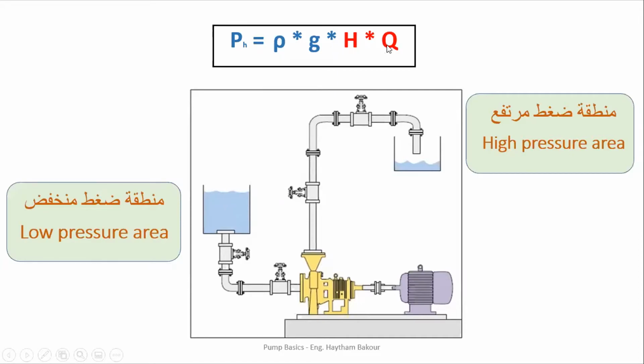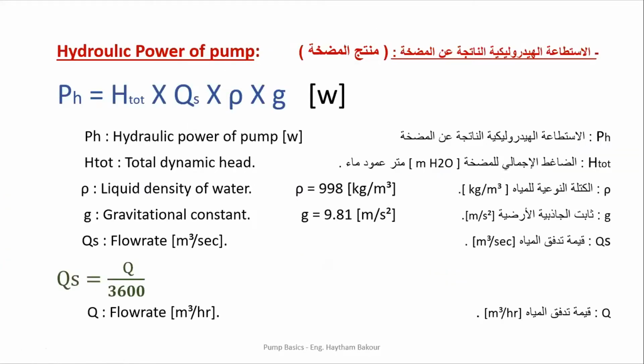Rho and g are constant, while H and Q are variable based on the studied cases. We are going to explain this equation and the best way of calculating the hydraulic power.